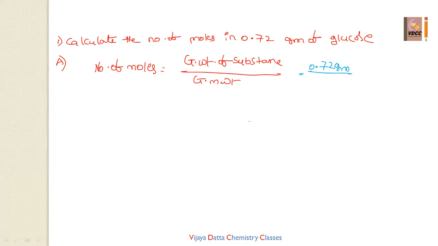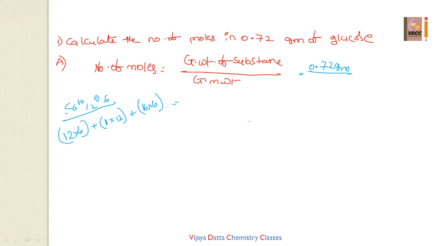What is the molecular formula for glucose? Glucose is C6H12O6. This is the molecular formula. How to calculate the molecular weight? Sum of atomic weights is called its molecular weight. So carbon 12, 6 are there, so 12 into 6, plus hydrogen's atomic weight is 1, 12 are there, so 1 into 12, plus oxygen is 16, 6 are there, so 16 into 6 is 96.